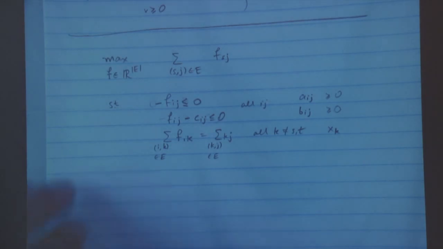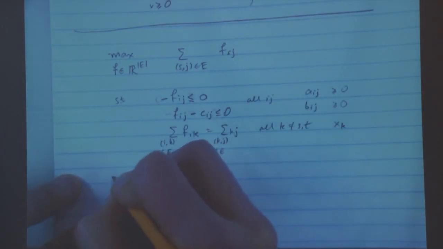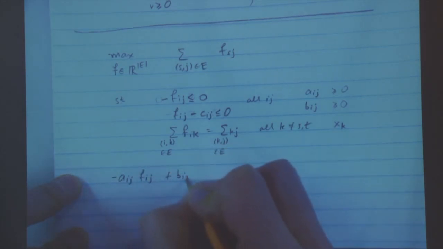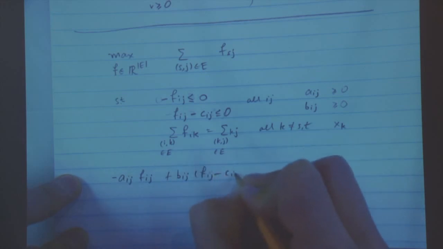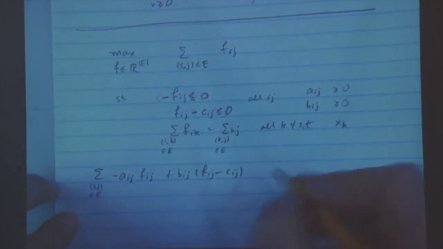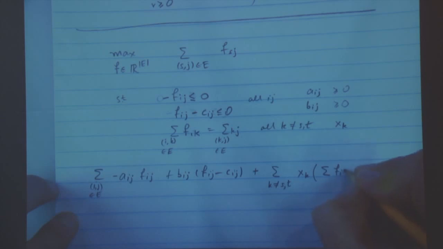So what are the possible upper bounds we can create by multiplying these constraints by these dual variables? Well, we get something that looks like this. Minus a_ij times f_ij plus b_ij times (f_ij minus c_ij), summed over all (i, j) that are edges, plus the sum over all k that are not equal to S or T of x_k times the sum of f_ik minus f_kj.